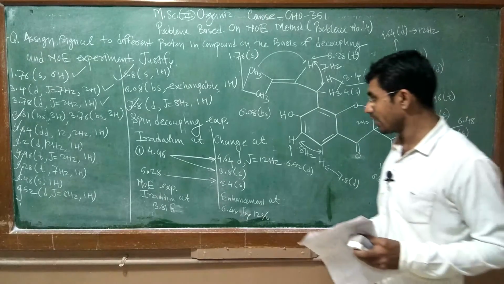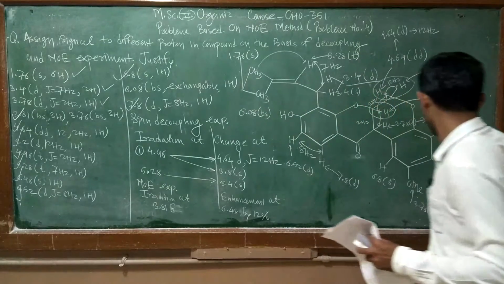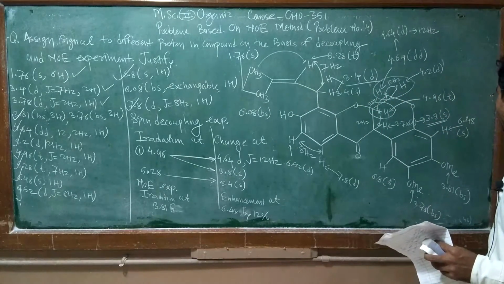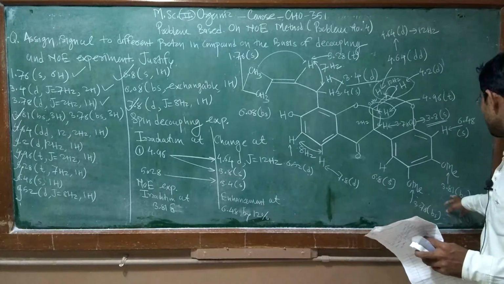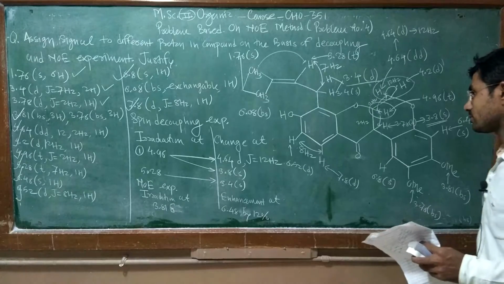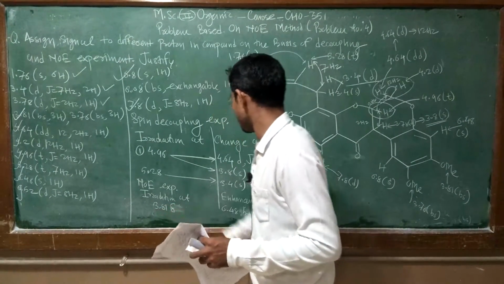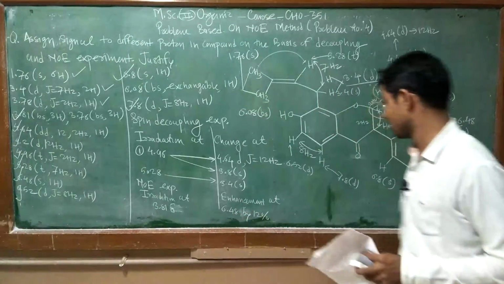Then the NOE experiment: if you irradiate the proton at 3.81, there is enhancement at 6.48 by 12%.